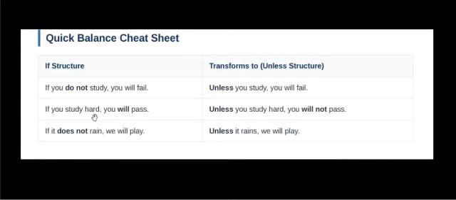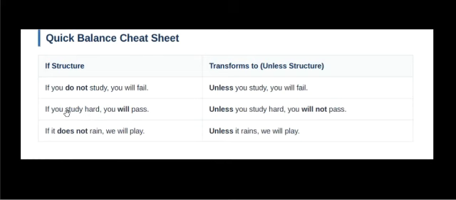So if we are writing this, we are supposed to change the part where there is positive to be what? Negative. So it will be like unless you study hard, you will not pass. That's how it's going to be. Unless you study hard, you will not pass. Remember, we need to balance up.